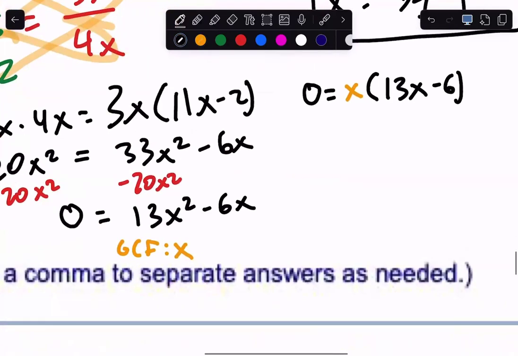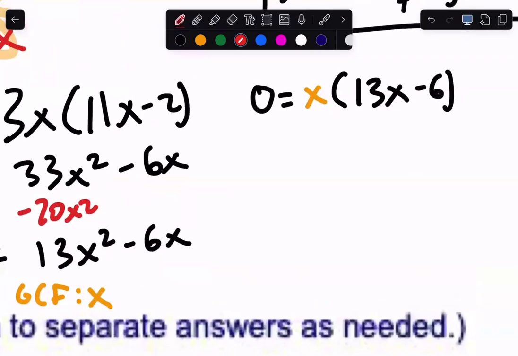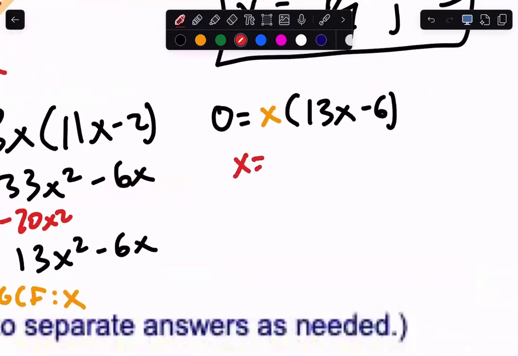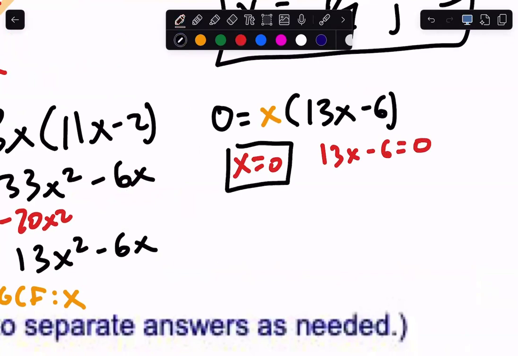The greatest common factor is x. So then I factor out x, or divide each of the terms by x. So now I set them equal to 0. x equals 0 and 13x minus 6 is equal to 0. So we have one answer because that's already 0.